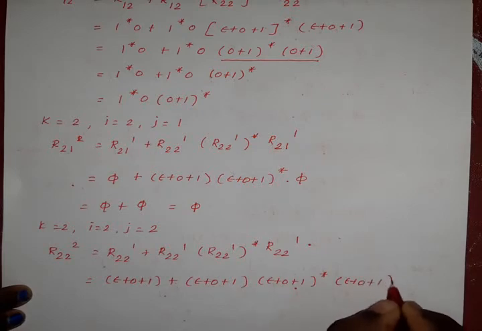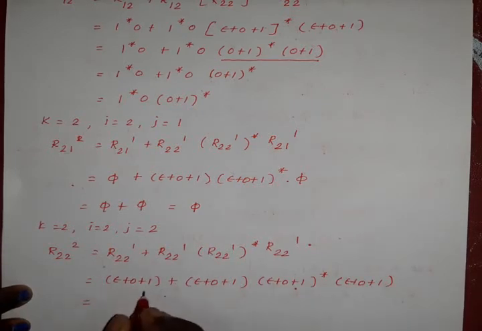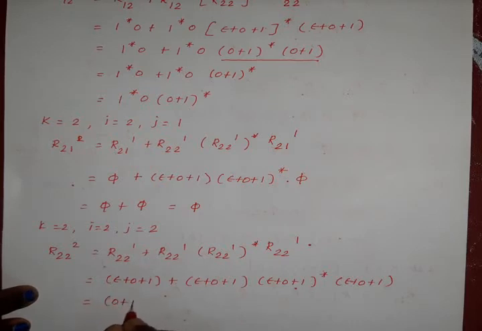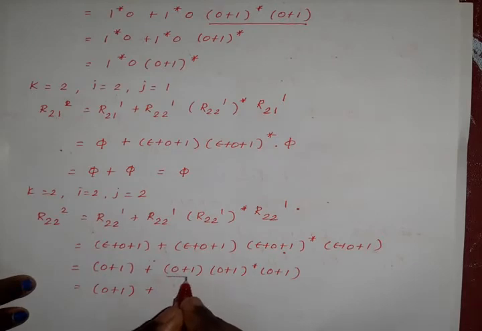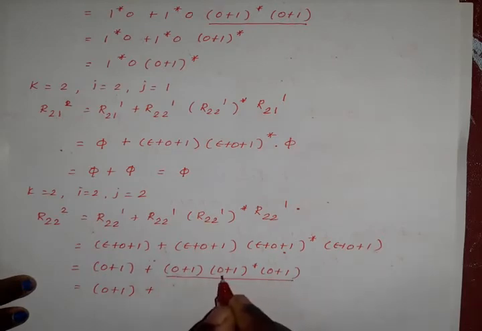Now we can simplify. This is 0 plus 1 because epsilon is nothing, and this is also the same term 0 plus 1, and this is 0 plus 1 the whole star. This is 0 plus 1. So 0 plus 1 plus these three terms are included in 0 plus 1 the whole star, because 0 plus 1 the whole star includes 0 or more times.